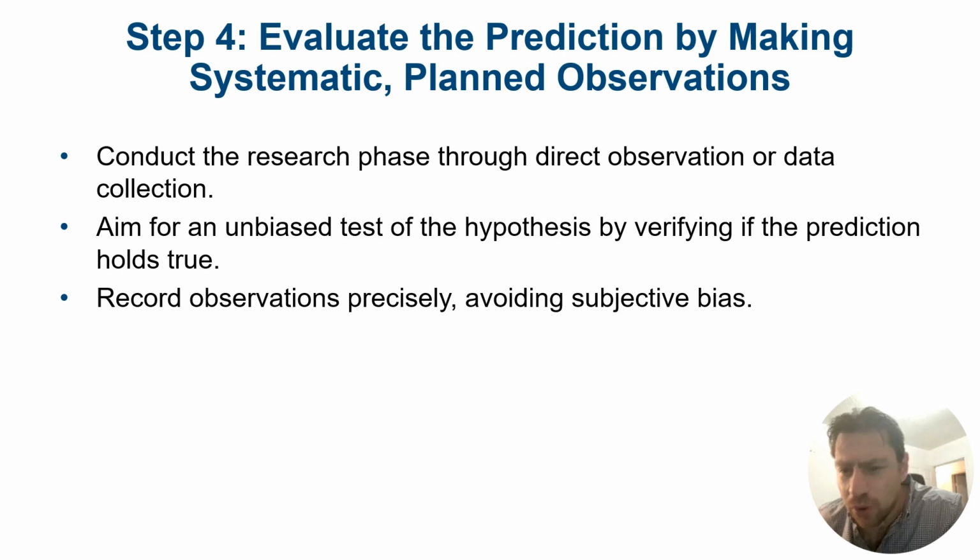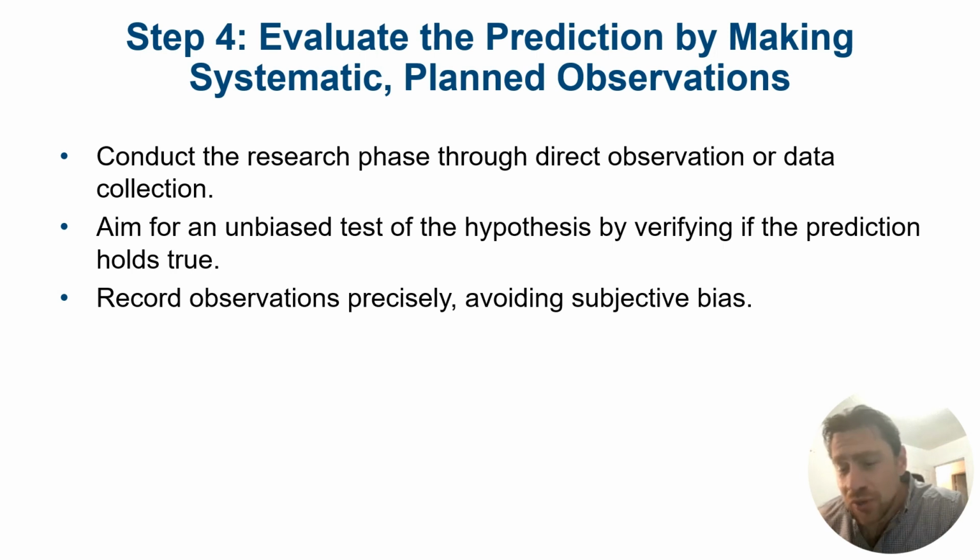So step 4 is evaluate the prediction by making systematic, planned observations. And this is where you actually get your hands dirty. This is where you set up an experiment, you recruit participants, and you collect your data that will serve as the substance and the foundation of your experiment.